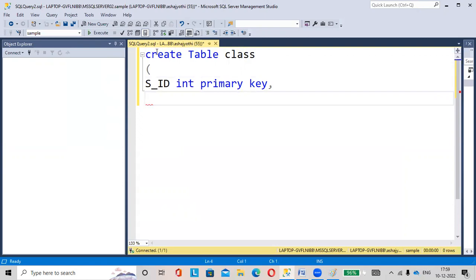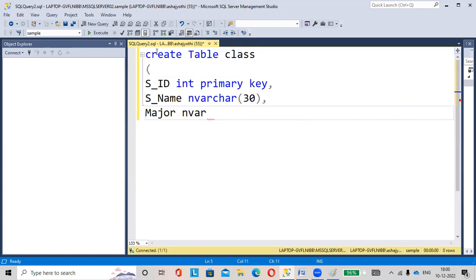Student name, data type is nvarchar, size is 50 or 30, anything, the size of the name.